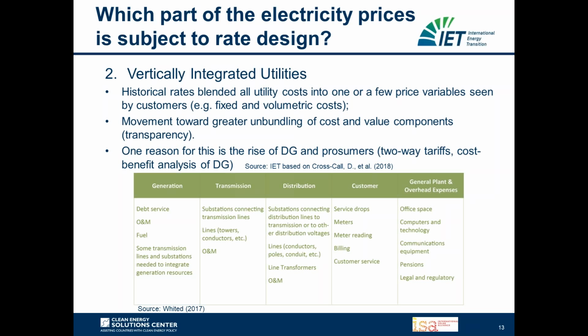And of course, the rise of prosumerism and DG, that means distributed generation, is one reason why we see also a greater differentiation in rates, also in vertically integrated utilities, because once we have a two-way tariff, of course we need to know how much money am I actually getting for inserting electricity into the grid, and how much am I paying for withdrawing electricity from the grid.